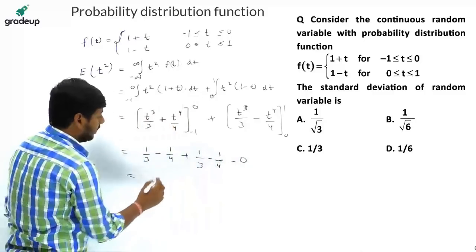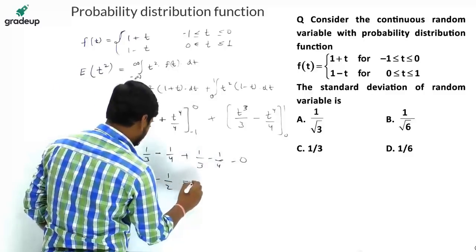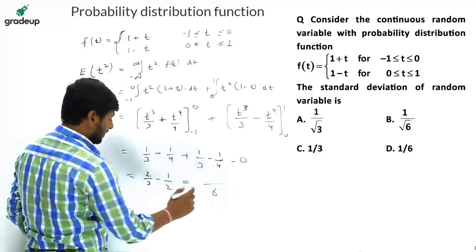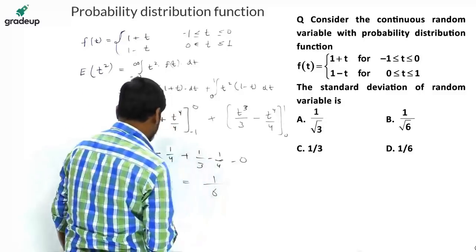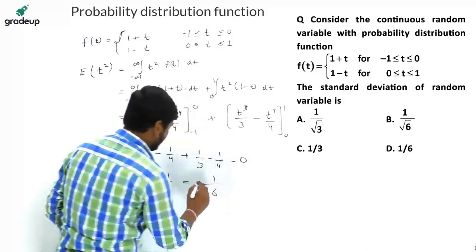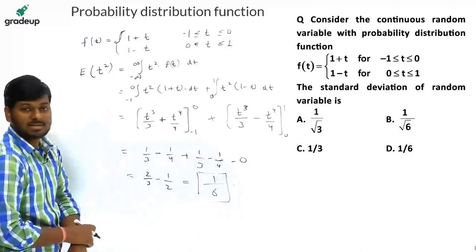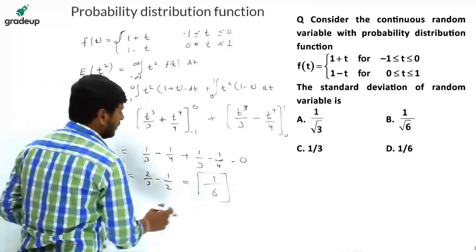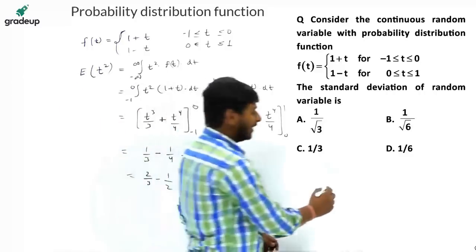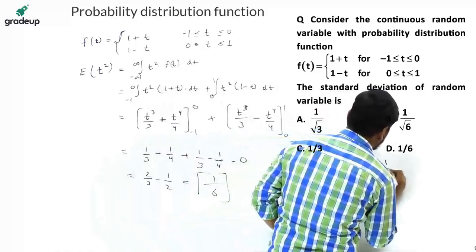This is nothing but 2 by 3 minus 1 by 2, and taking denominator as 6, we get 4 minus 3, this is 1 by 6. So E(t square) is equal to 1 by 6. Just remember E(t square) equals 1 by 6.